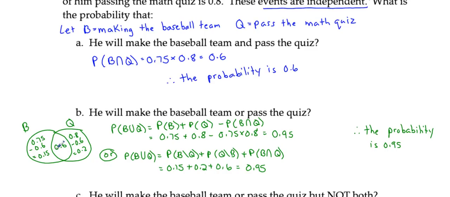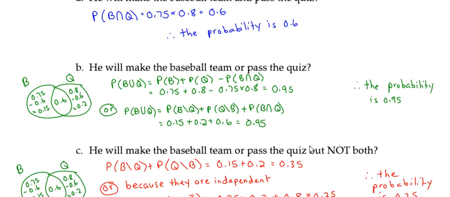If both is 0.6, basketball team only is 0.15, quiz only is 0.2. So you could look at the basketball team but not the quiz is 0.15. Probability of there being a quiz but not making the basketball team is 0.2, plus the probability of both, because OR includes both, 0.6. They both give you 0.95.